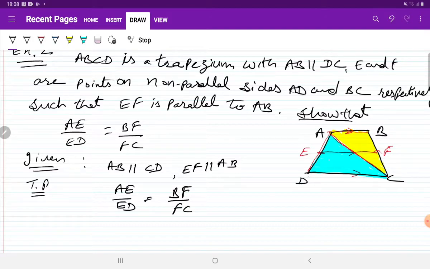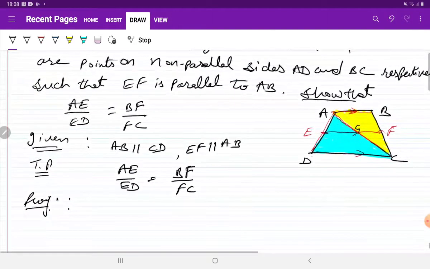This we have to show. So for that first we'll join this AC. हमने join किया इसको. We'll divide it into two triangles. You can see this construction. Then come to the proof. First of all, let us join AC. हमने join किया उसको AC को to intersect EF at point G. Let this point be G, where AC intersects EF.